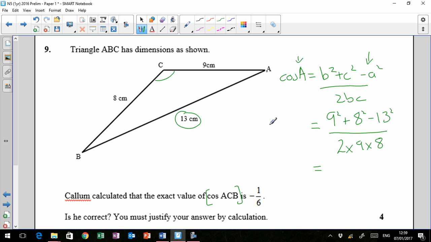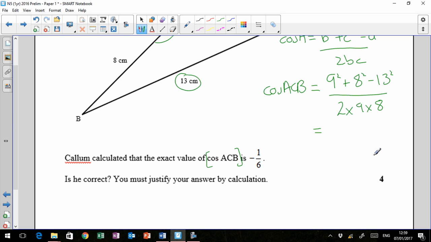Now, that's going to be cos ACB, sorry. Okay, so cos ACB is equal to that, and we have to show that this is the same as negative 1 over 6. So 9 squared is 81, 8 squared is 64, and 13 squared is 169. Okay, 2 times 9 times 8, well, 9 times 8 is 72, times by 2 is 144.